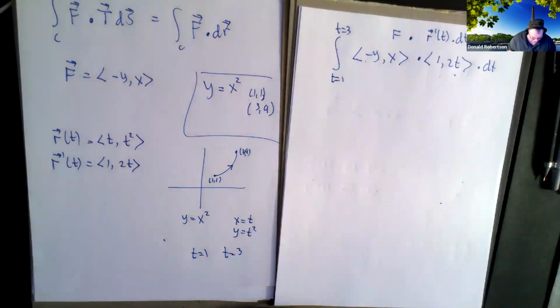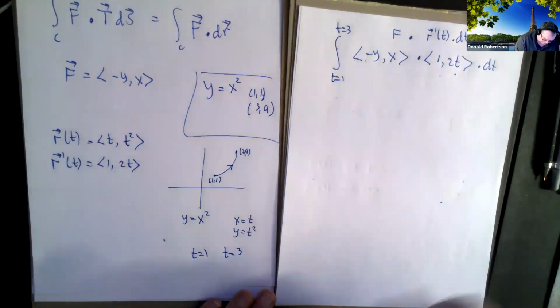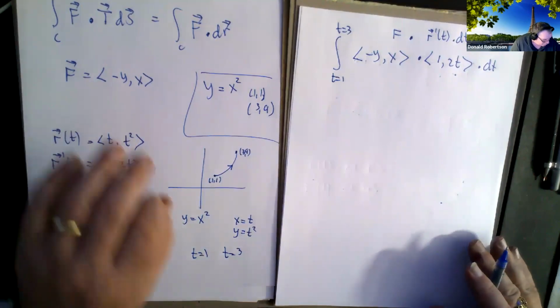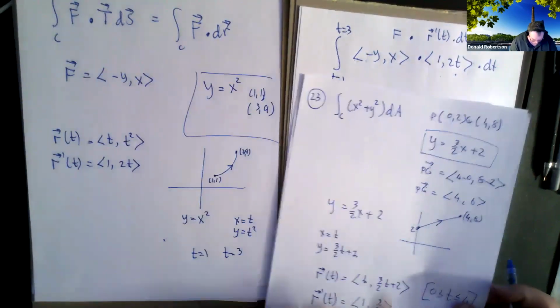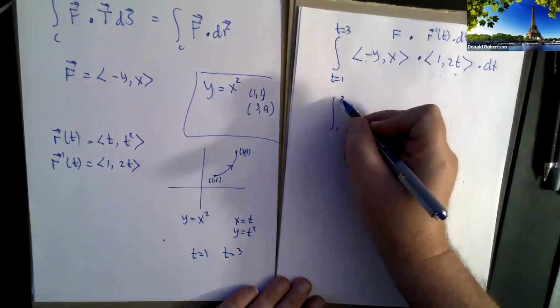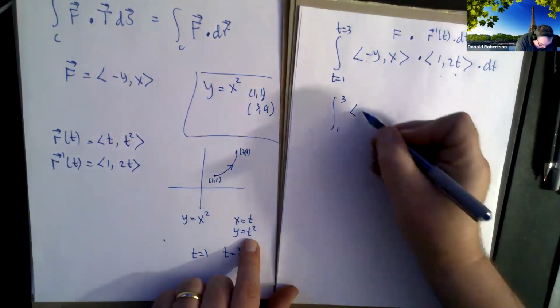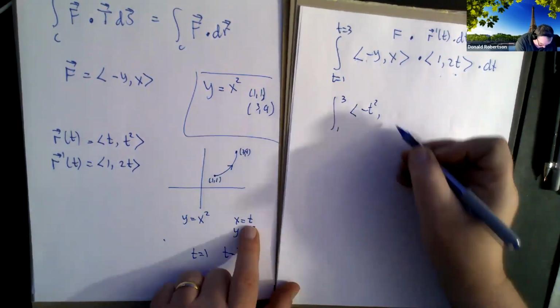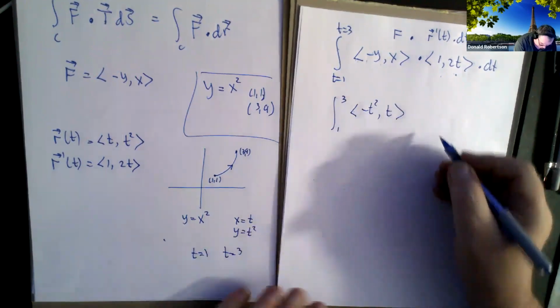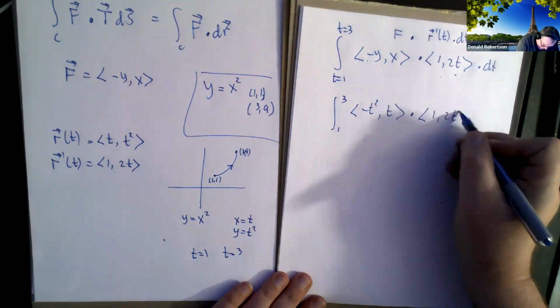I'm using that version now because this is a two-dimensional vector, whereas the previous one was just a single variable. You see, that's not a vector, that's just an expression. And this is a vector. The only thing I need to do is replace the y in terms of t and the x's with t, dot product with the derivative vector dt.